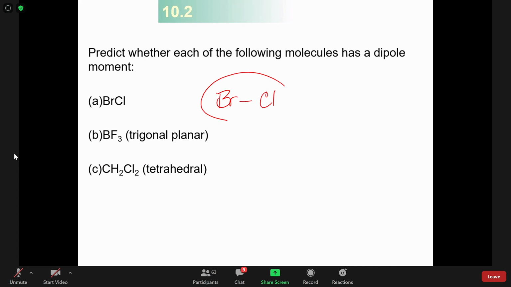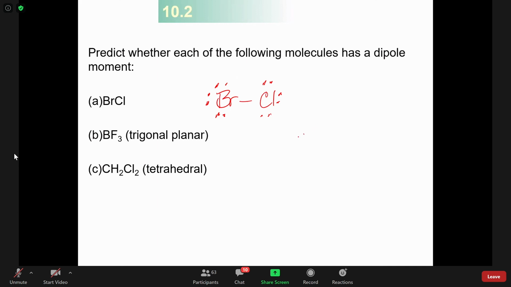Electronegativity difference. Yeah, this is pretty simple, right? This is not a complex molecule. I mean, we probably should think about what the Lewis structure is. It's like this. But there is electronegativity difference. I forget which one's more electronegative. I'd have to look at the periodic table, but we know there's charge separation between these two things.